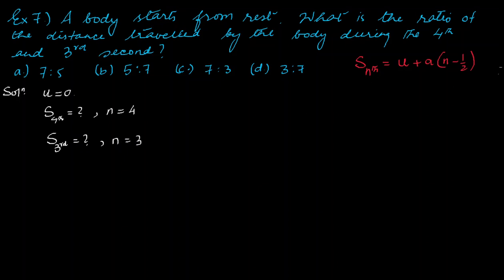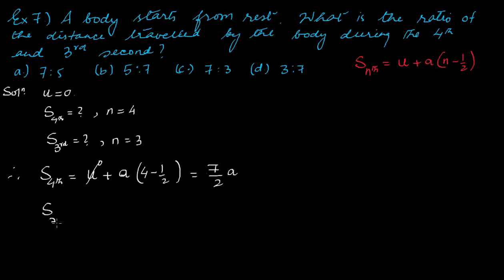So let us use this formula to find S 4th. u plus a into n, here n is 4, minus half. u is 0, so you get a into 4 minus half, 2 4s are 8, minus 1, 7 by 2 a.